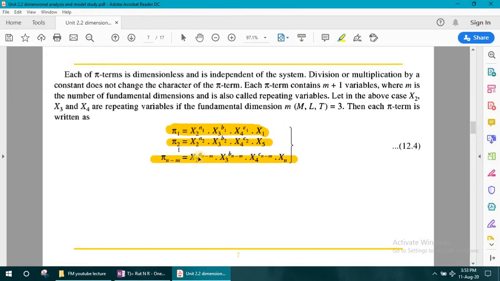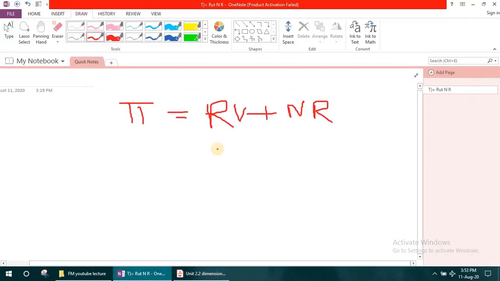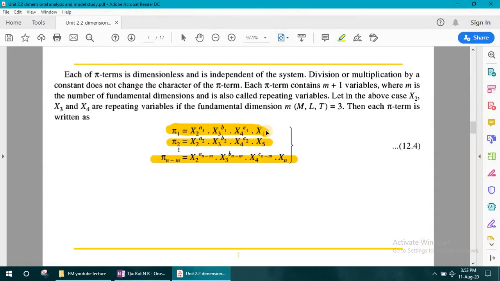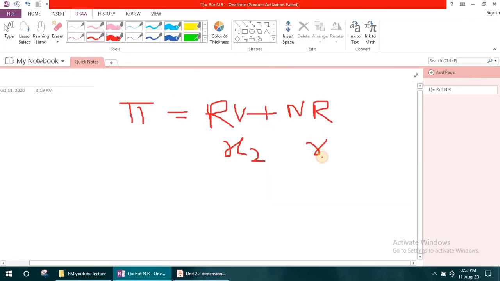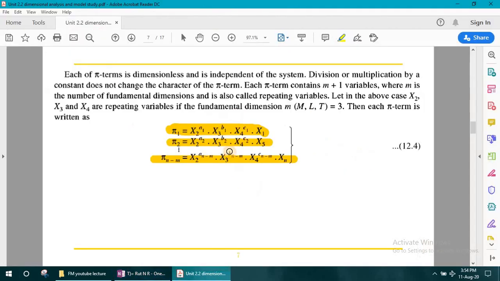Here an example is x2, and an example of non-repeating are x1 and x5. Another repeating example is x3. So we can solve this equation and find out the dimensionless term pi. Pi is known as a dimensionless term.